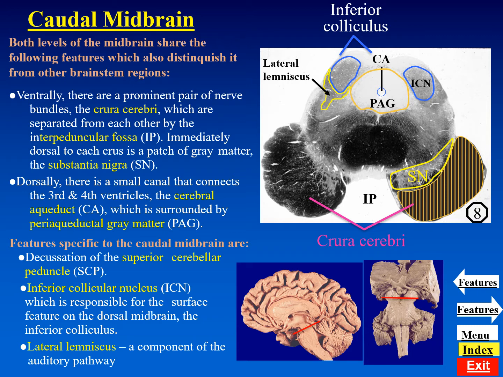In the central core of this caudal midbrain area, we see some dark stained tissue. This is a bundle of nerve fibers that are crossing over or decussating, and they are part of the superior cerebellar peduncle, which links the midbrain with the cerebellum.